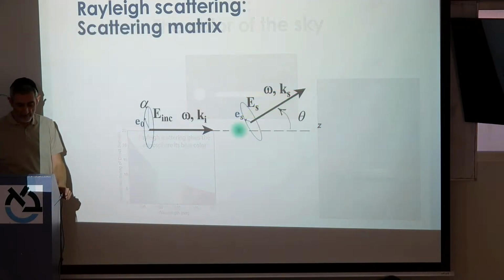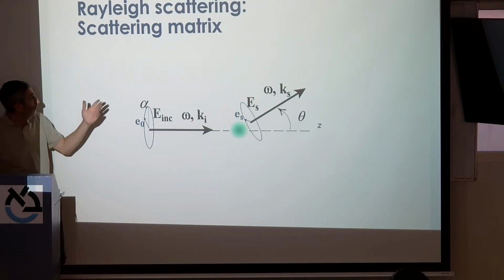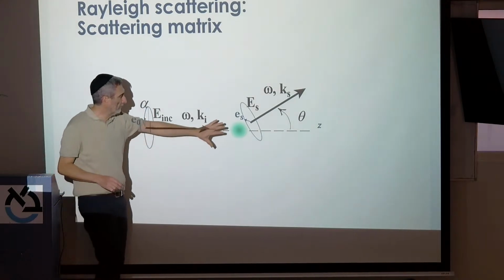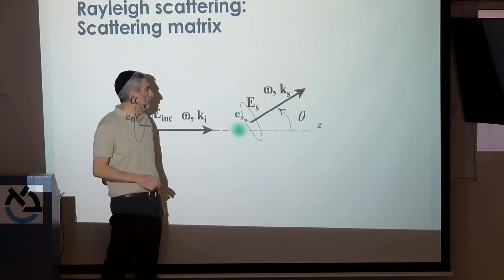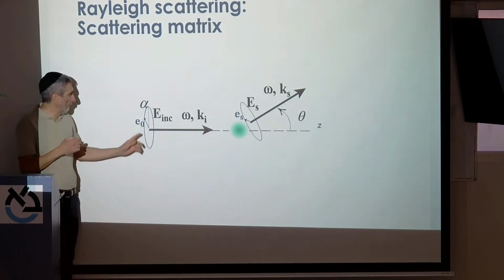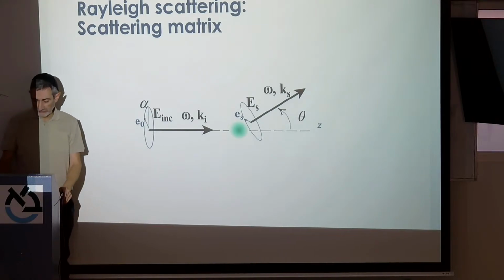If you remember at the very beginning, we discussed the scattering amplitude, the scattering matrix. You have an incident wave, you have a scatterer, and in the far field you can observe in a given direction. If you also have polarization, it can be changed during the scattering process.